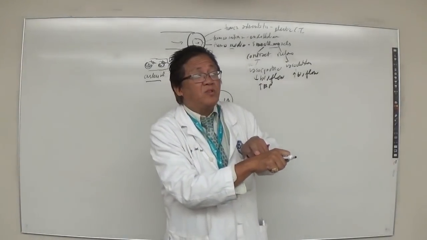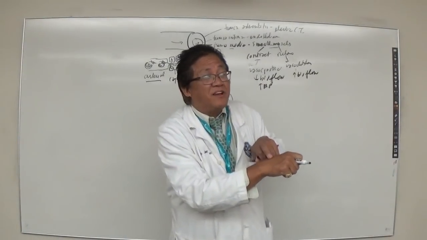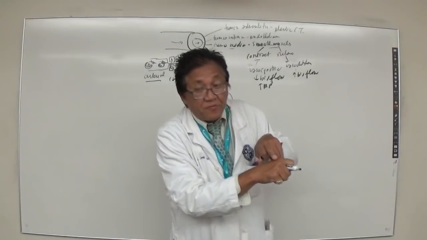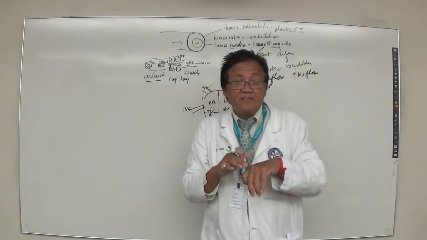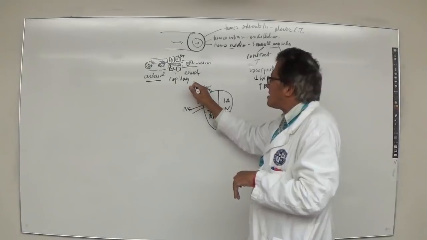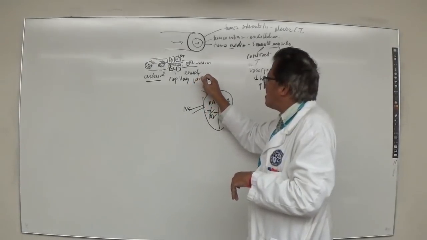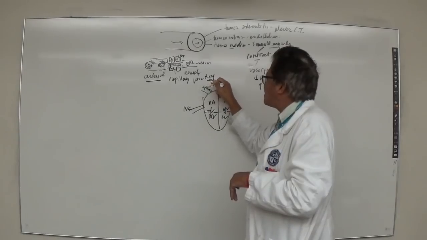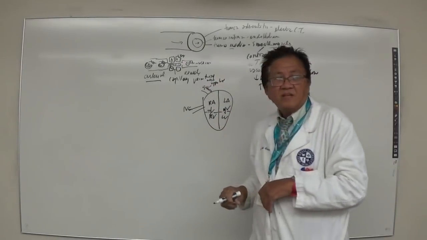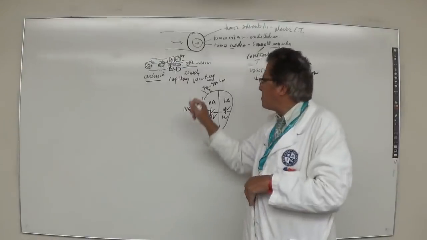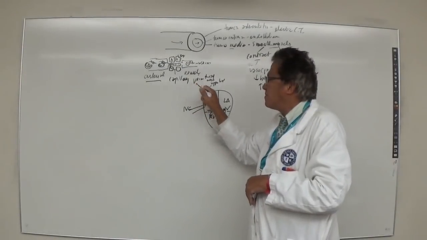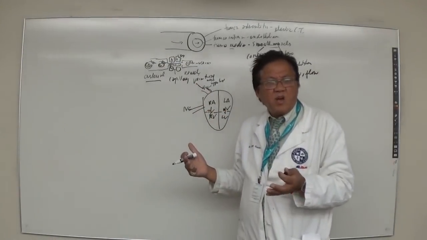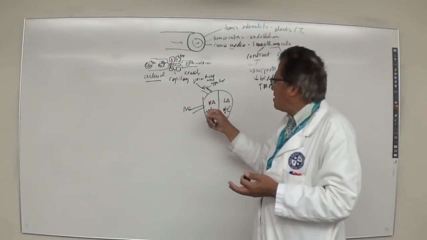Look at the green veins. Beautiful, right? All the veins in the head, the neck, and the upper limbs eventually go where? Into the superior vena cava.